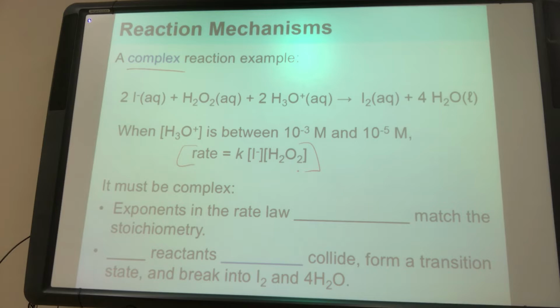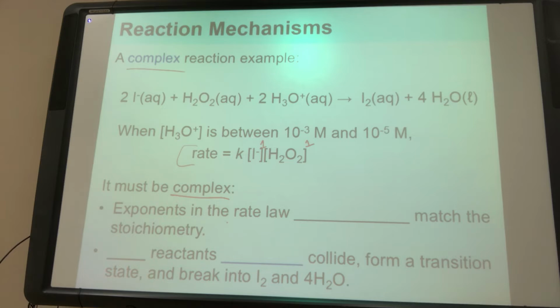Now, how do we know this has to be complex? You might look at this and go, well, it's only 3 things going to 2 things. So how can we look at a reaction and automatically know it's got to be complex? First, let's look at the exponents in the rate law. Here, this exponent is a 1, and H2O2's exponent is a 1.